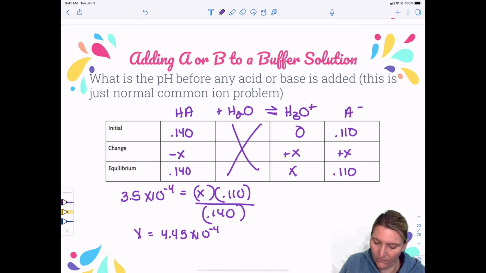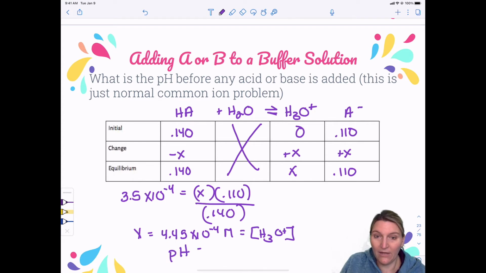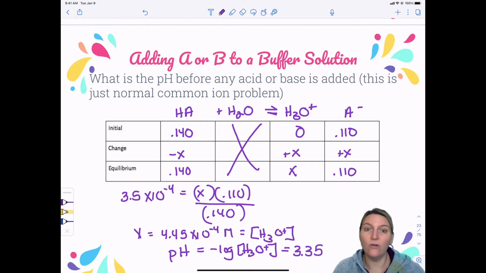times 10 to the negative 4 molarity. Of course, that's equal to the H3O plus concentration. pH is equal to the negative log of that, and that equals 3.35. You can also always use the Henderson-Hasselbalch equation for this.